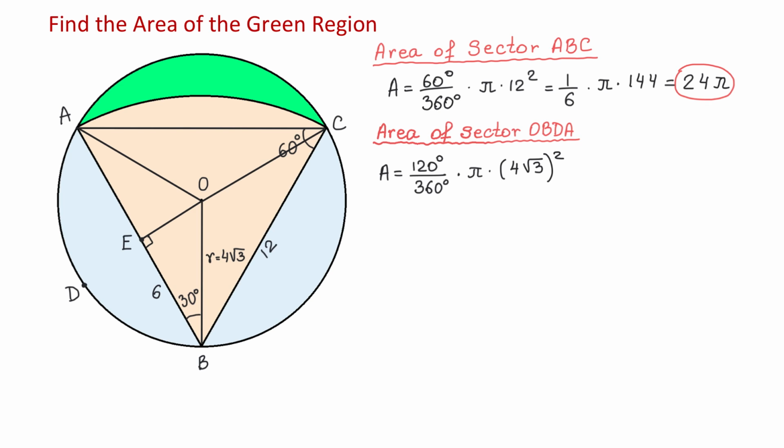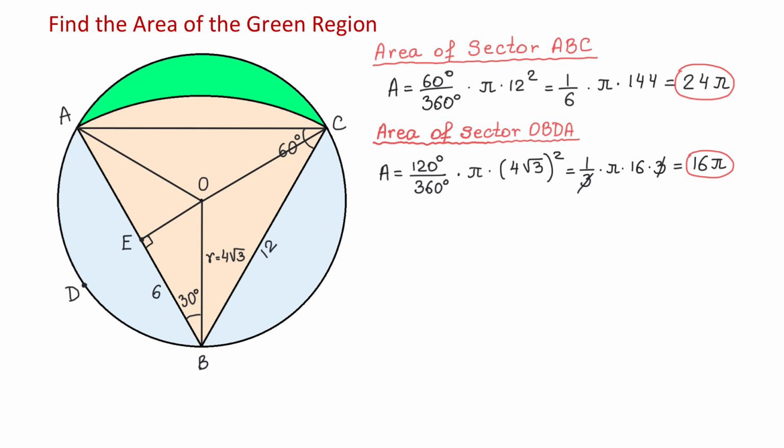Then 120 over 360 is 1/3 multiplied by pi, and 4 squared is 16, and square root of 3 squared is 3. Then if we cancel 3 and 3, the area will be 16 pi.